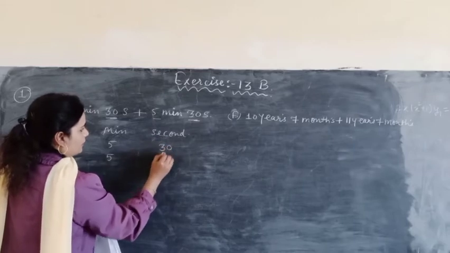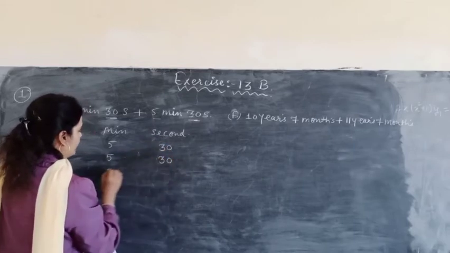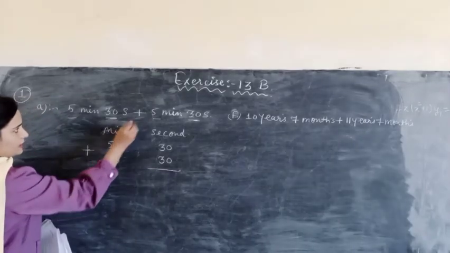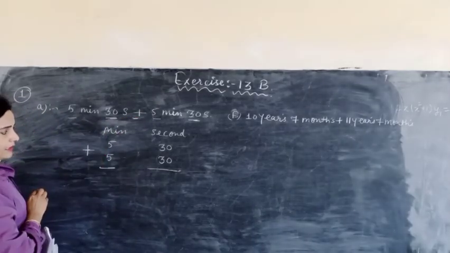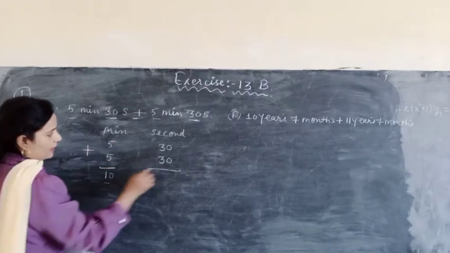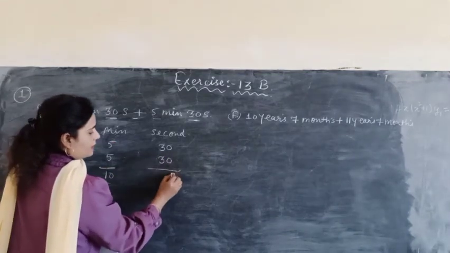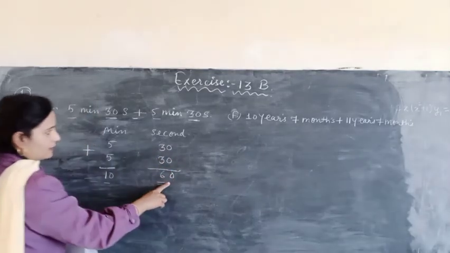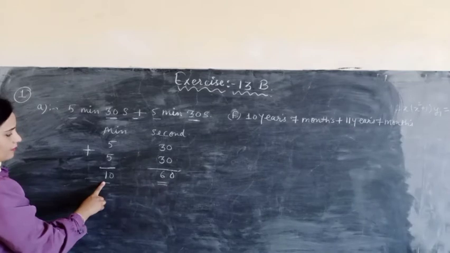We write it the proper way and put the sign of addition because we are doing addition. So 5 plus 5 is 10, and 30 plus 30 is 60. So 60 seconds and 10 minutes.